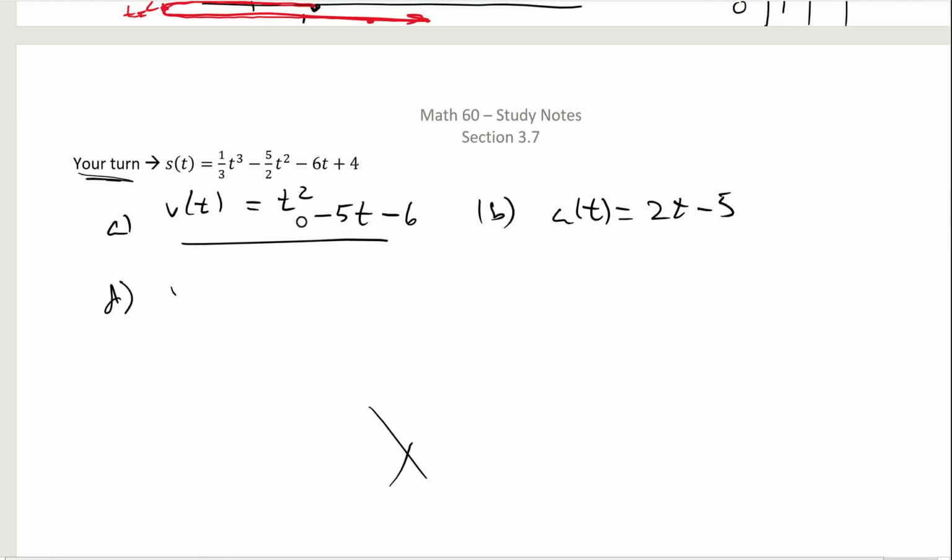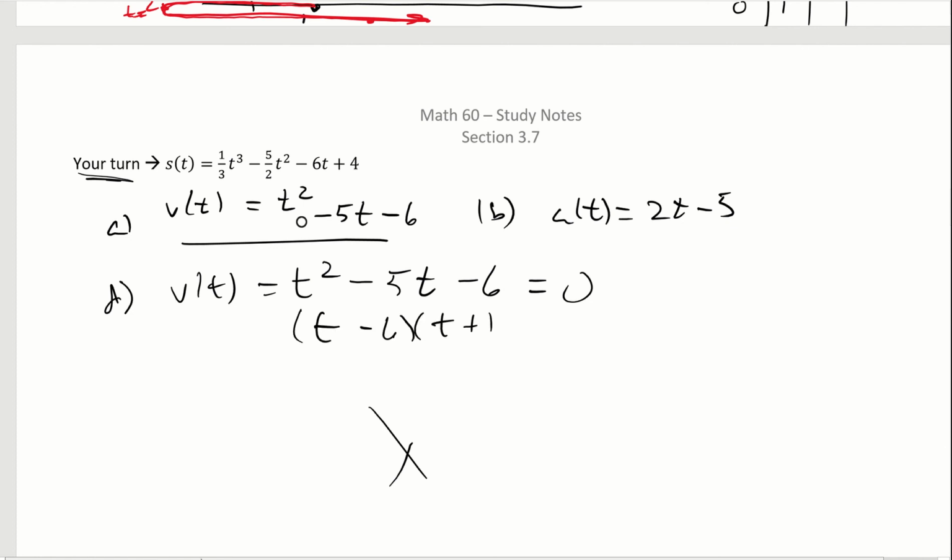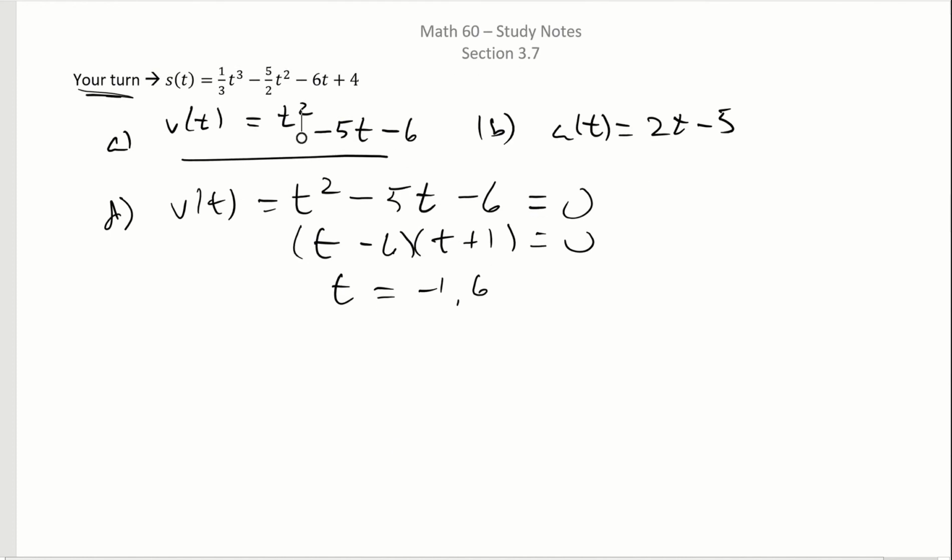Okay, v of t is equal to, what did we say, t squared minus 5t minus 6, which is set equal to 0. And so we have t minus 6 and t plus 1. So again, we got t is equal to -1 or 6. Okay, oh, thank you.